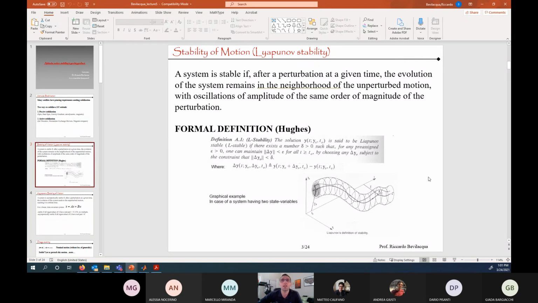That's basically, in a more formal way, what we just said. You give it a perturbation, in this case delta y0, and your trajectory will never exceed, in terms of oscillations, the amount of the given perturbation. It will not diverge from the unperturbed motion.